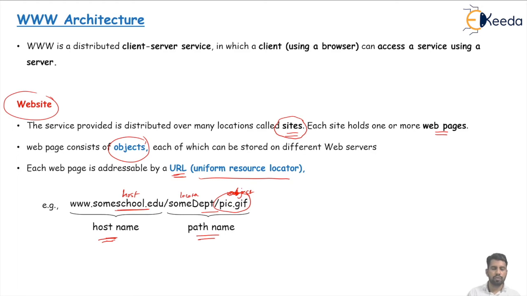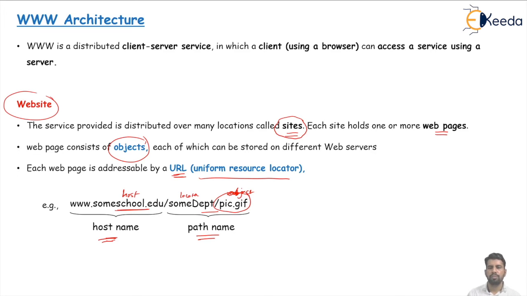Like when you want to go to the home of your friend, you need the address. First of all you need to know the city, then the particular colony or area. In that area you need the street number, and on that street you need the home number. So you have an address to reach your friend.